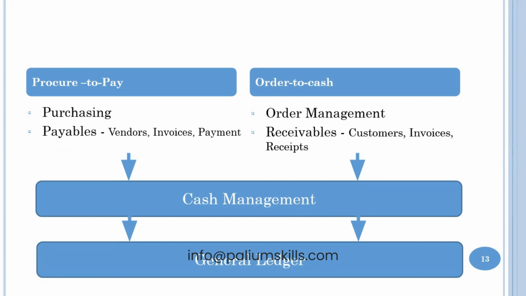IT team looked at their stock. If they have that stock, they will give it to you. If they don't have a stock, they will then send it out to the vendors asking for a quotation. So the best price that is received by the company, they will place an order. Once the order is placed, they will get the laptop or the desktop, and the vendor will send you the invoice.